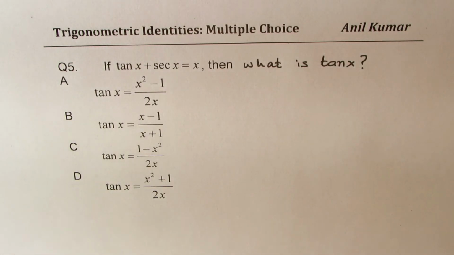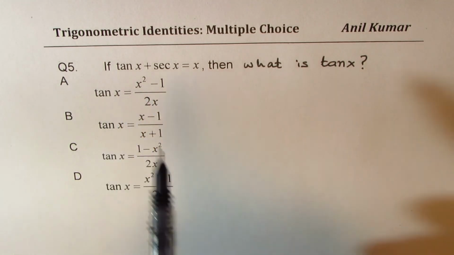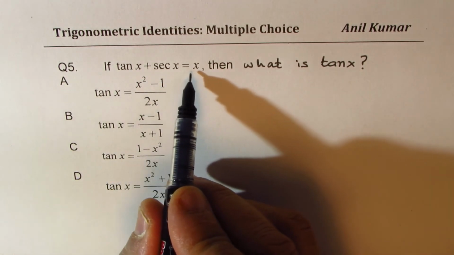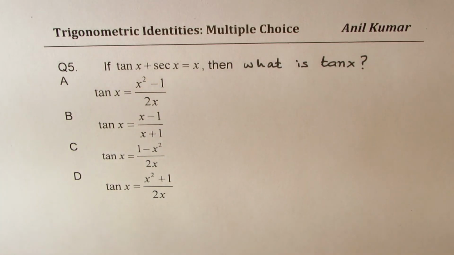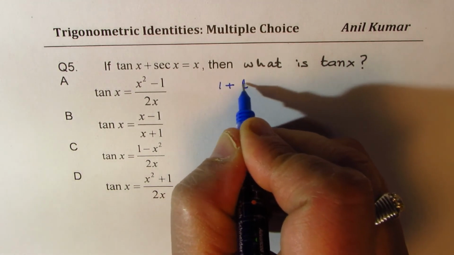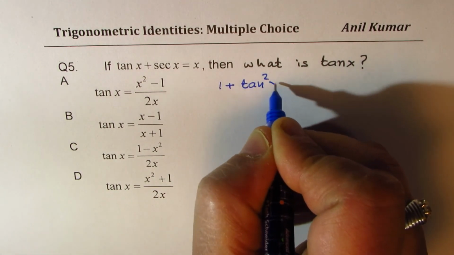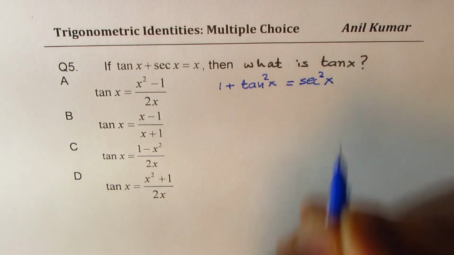The last one here is, if tan x plus secant x equals x, then what is tan x? Now, we are given tan x plus secant x as equal to x. Let us also remember that there is an identity which is 1 plus tan square x is equal to secant square x.